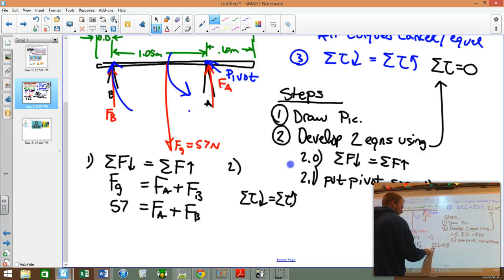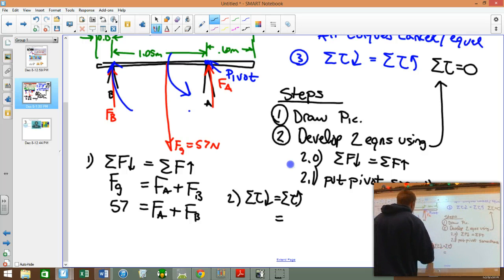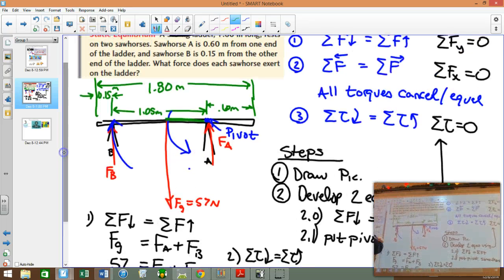Maybe I'll get this out of the way. So this one's a counterclockwise torque. So I take the force, which is 57, and notice I put it on the right-hand side, times the distance. Oh man, I got to find this distance right here. So maybe I have to do a little bit more thinking. This whole thing is 1.8, so the middle is 0.9.